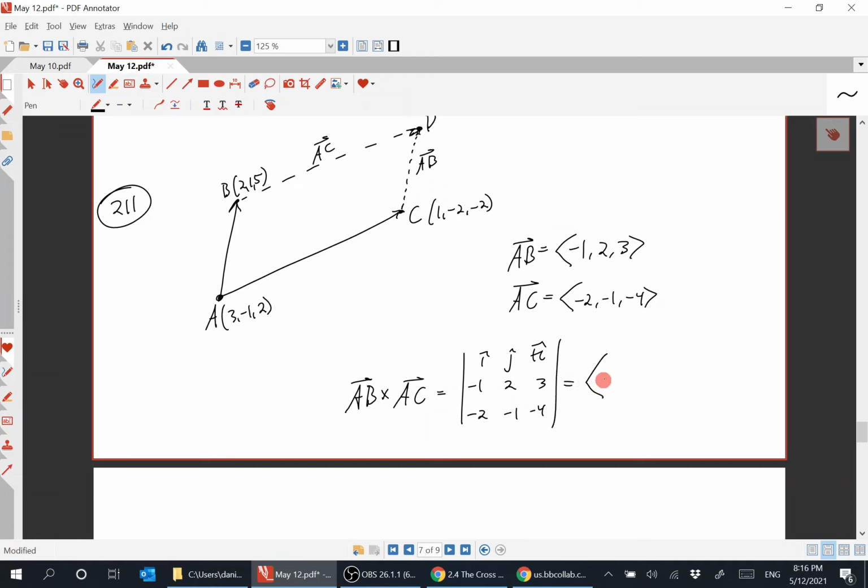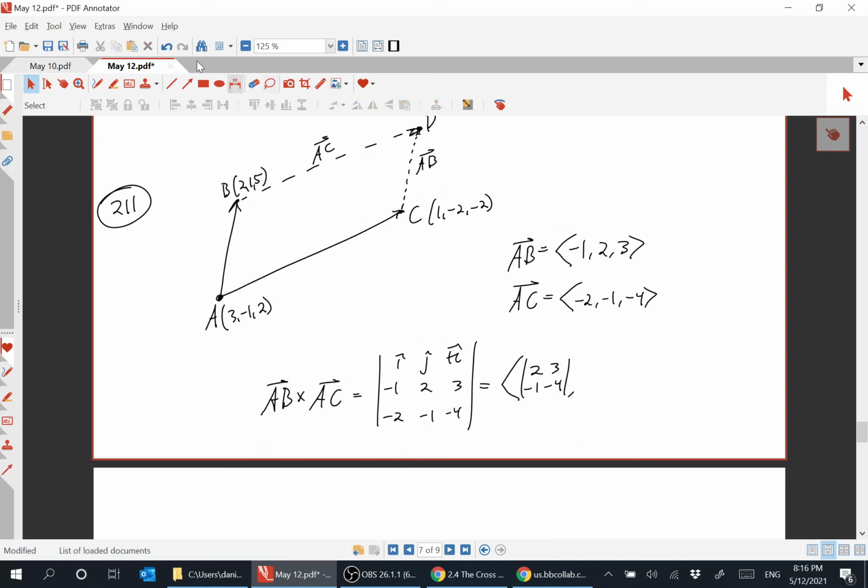So that's going to be the 2 by 2 determinant 2, 3, -1, -4, and then minus the determinant -1, 3, -2, -4, and then -1, 2, -2, -1.